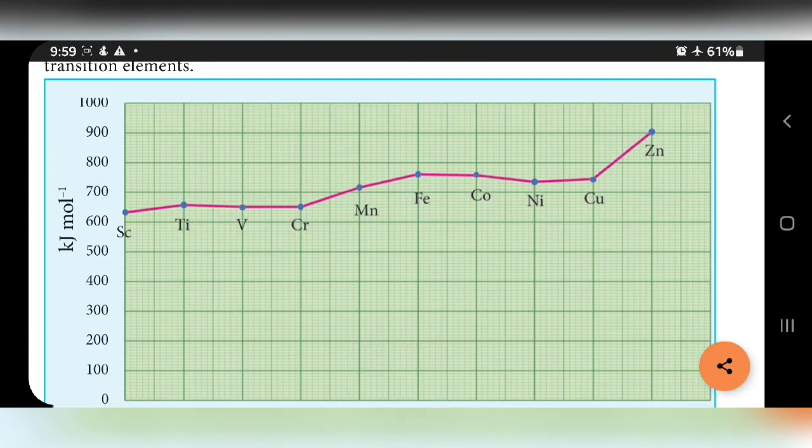See this graph. From scandium to zinc, that is the 3d transition series: scandium, titanium, vanadium, chromium, manganese, iron, cobalt, nickel, copper, zinc. Here ionization energy increases from scandium to zinc.